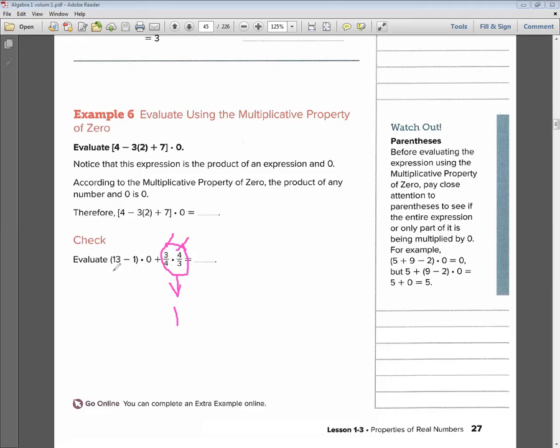In the first part, I see a bracket. I have to finish it, calculating inside it. In the bracket, I have 13 minus 1. 13 minus 1 is 12.